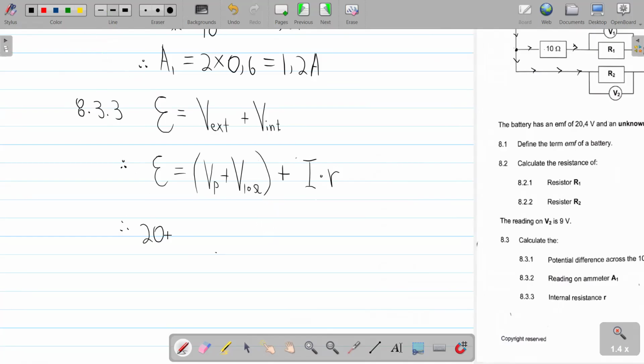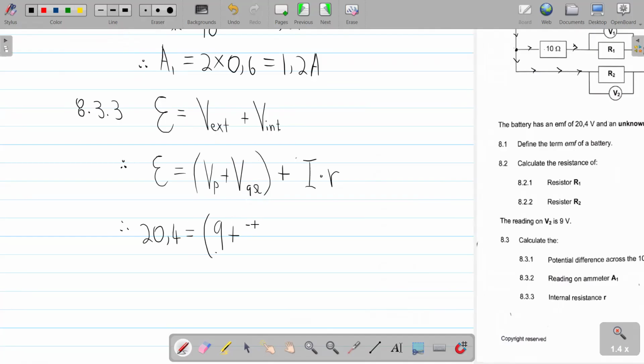So it's 20.4 equals the voltage of the parallel connection, which is 9, plus... no, this is the voltage of the 9 ohms, so not the 10.